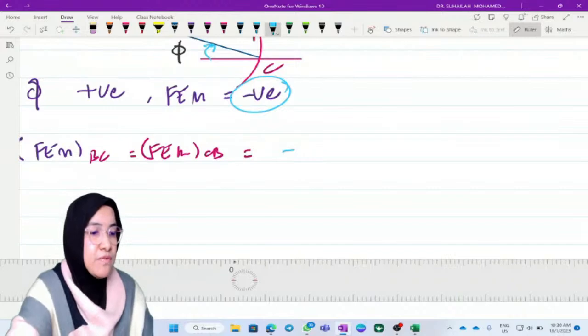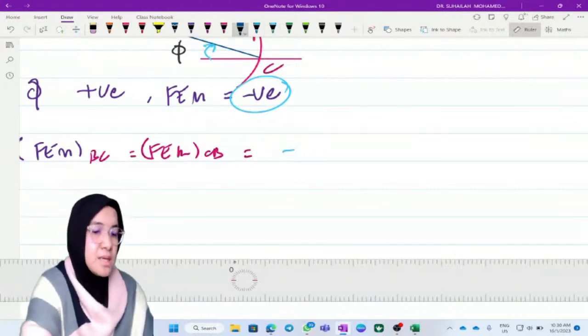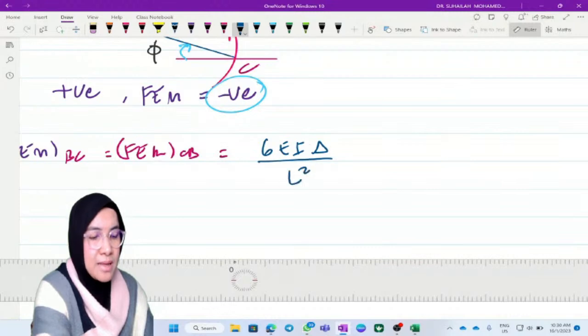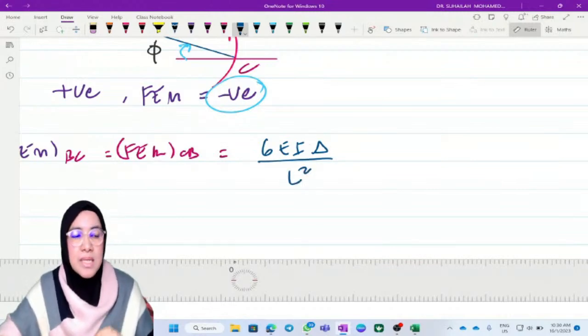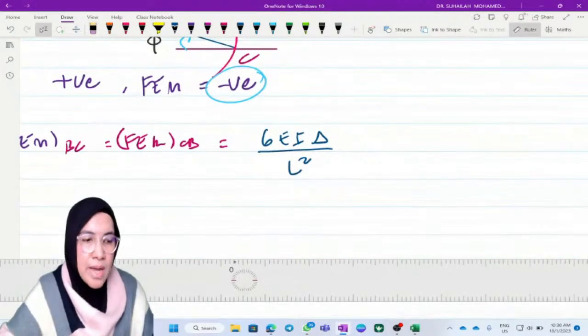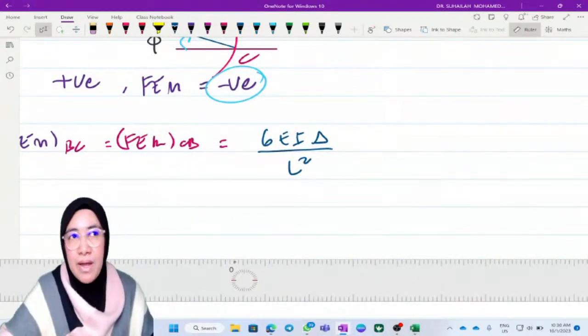So we calculate using the formula. It is negative 6EI delta over L squared. This is the formula. EI is normally 200 and 500.